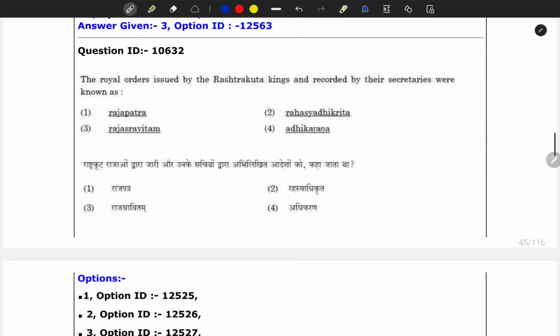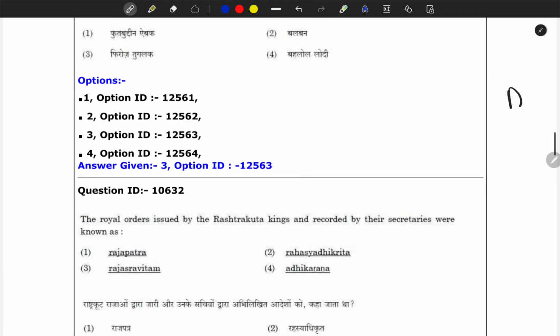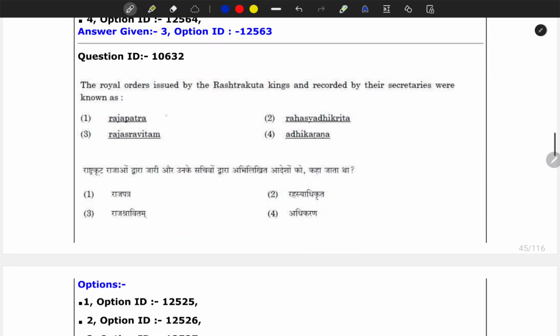The royal orders issued by Rashtrakuta kings and recorded by their secretaries were known as, again this is a difficult question, I don't know about this. So this was called Rajshravitam. This is the correct answer, but I don't know this. Again this is a terminology related to administration, and again I don't know this.